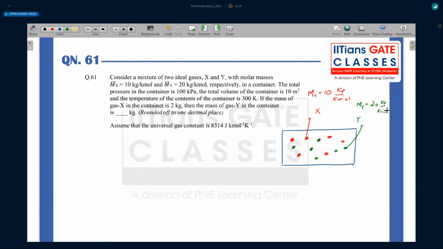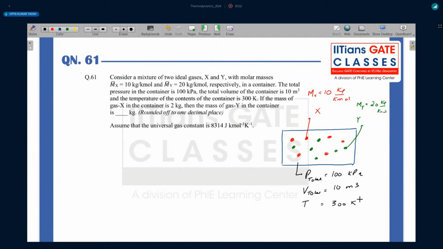Okay. The total pressure of the container. So total pressure, that means inside the container, the total pressure by the two gases is 100 kilopascal. Total volume of the container is 10 meter cube, and the temperature of the content is 300 Kelvin.